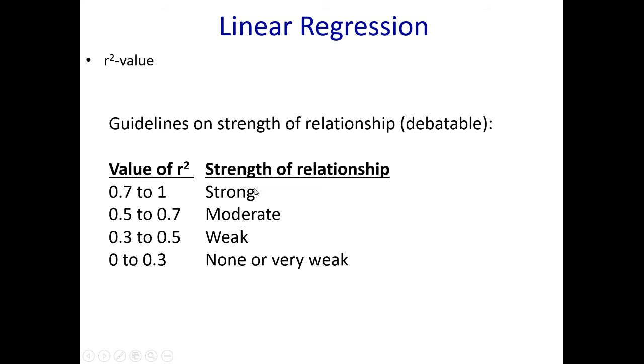You would say that your linear regression strongly matches your data. If you have a value between 0.5 and 0.7, you'd call that moderately strong. Between 0.3 and 0.5, you'd call that a weak relationship. Between 0 and 0.3, you'd pretty much say there's no relationship at all. So use these values as a general guideline to see how strong your relationships are.